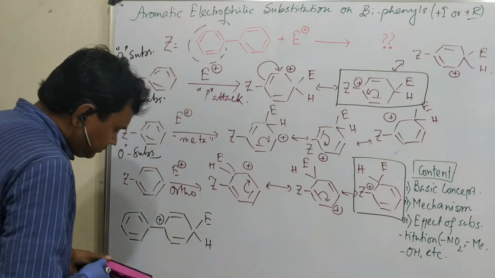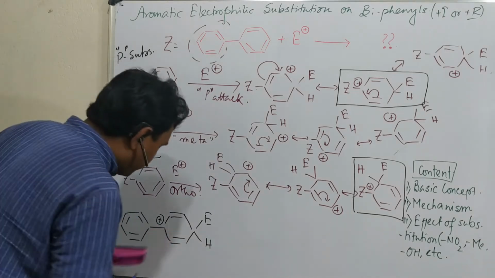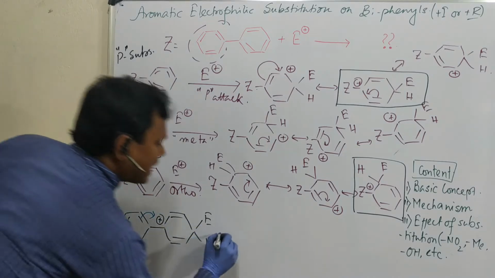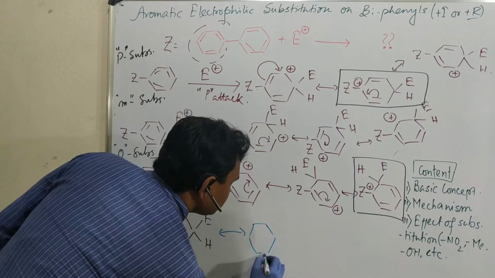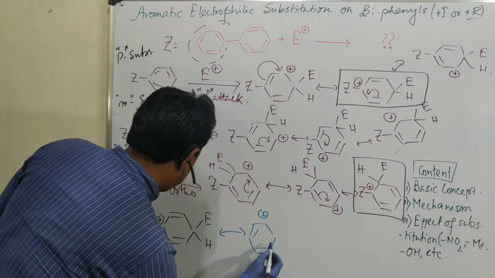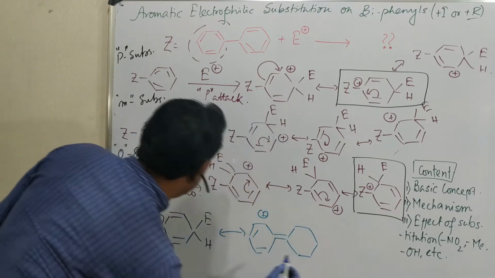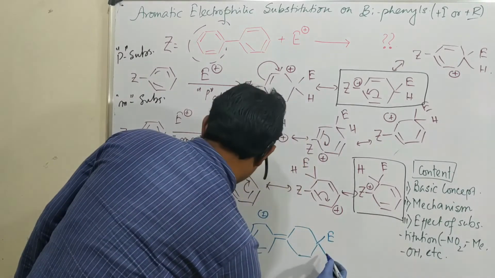As you can see here, this is a positive charge. This positive charge is stabilized by the resonance of the other ring. So this is phenyl, the plus charge is here, and try to understand this. This is a very important and basic part of this concept, otherwise it is very difficult to understand this biphenyl system.